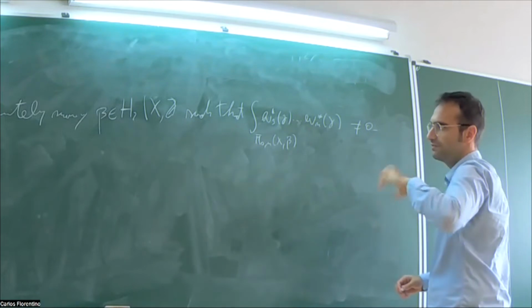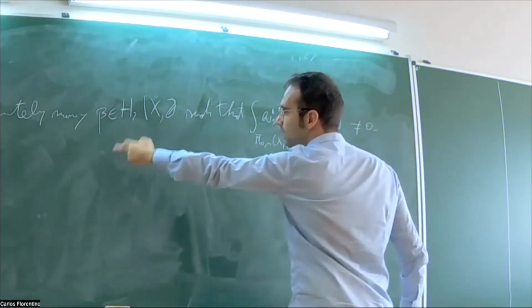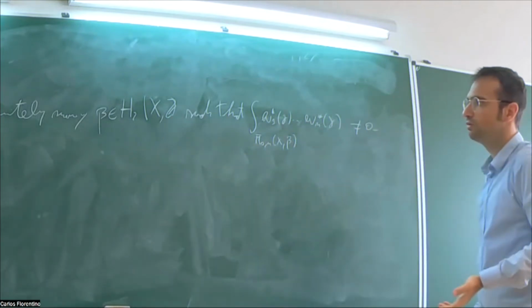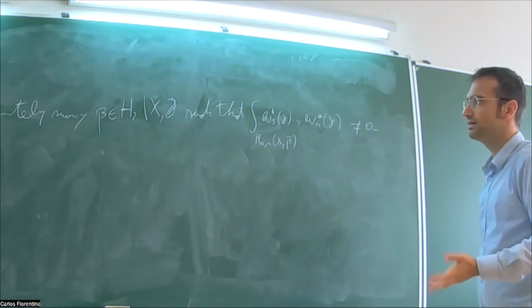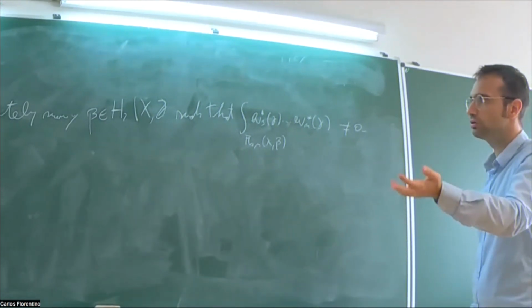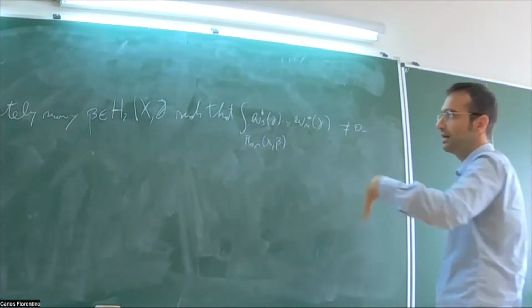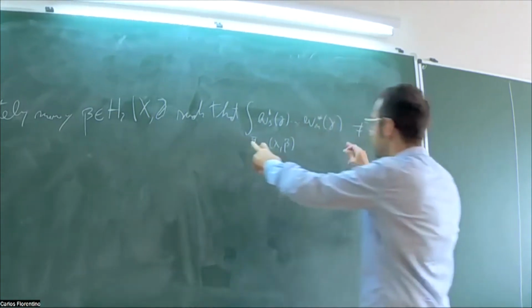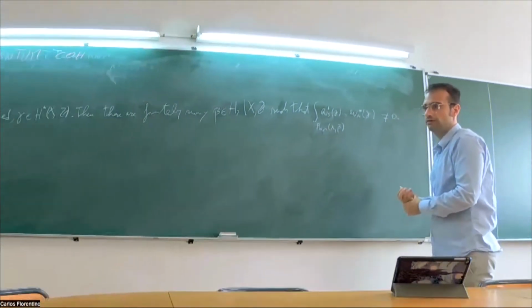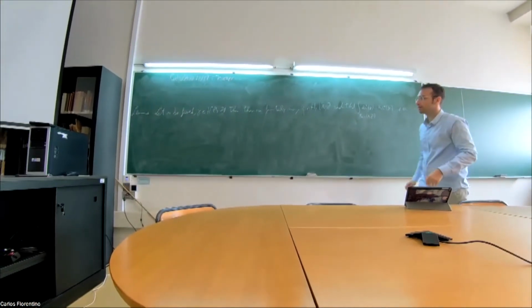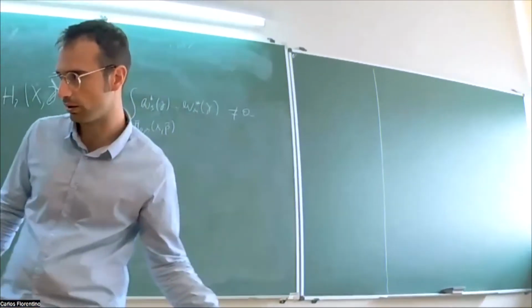And what is variable is beta. And what we are saying is that when X is homogeneous, we have finitely many classes beta such that this is different from zero. Okay, so this is what we are going to prove.